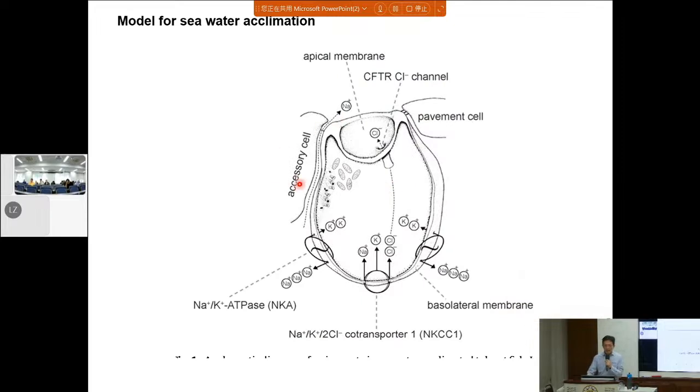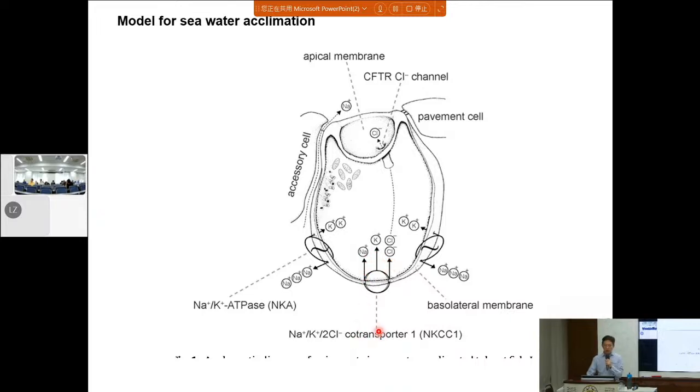So here is the diagram for the chloride cell function if they want to excrete sodium and chloride. So in the apical membrane, they express the ion channel called CFTR. So it is a chloride channel. And in the basolateral membrane, they express the sodium potassium chloride cotransporter.